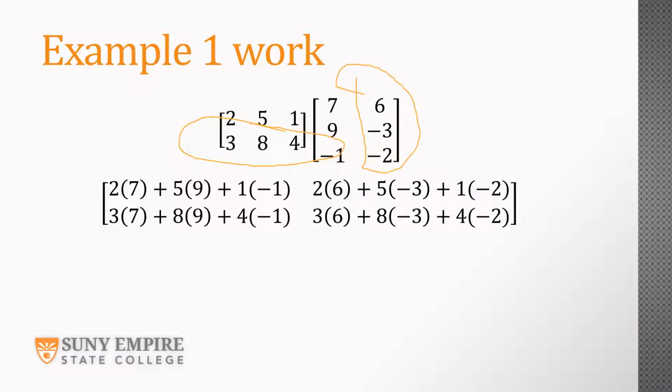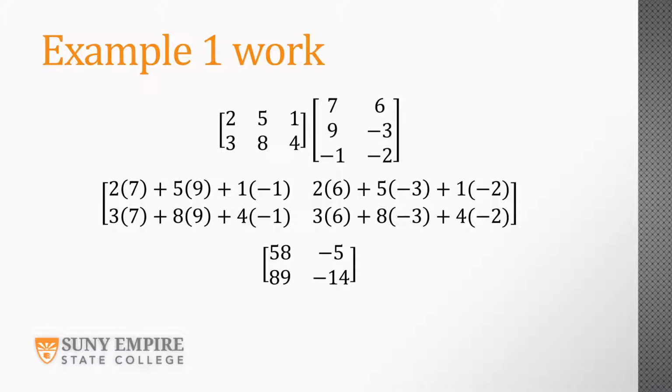So we have 3 times 6 plus 8 times -3 plus 4 times -2. Completing these calculations, we find that matrix A multiplied by matrix B is 58 and -5, then 89 and -14.